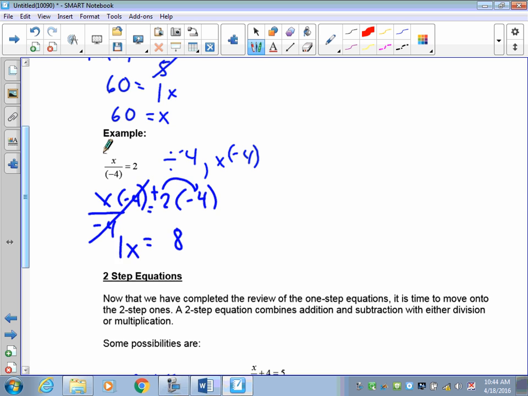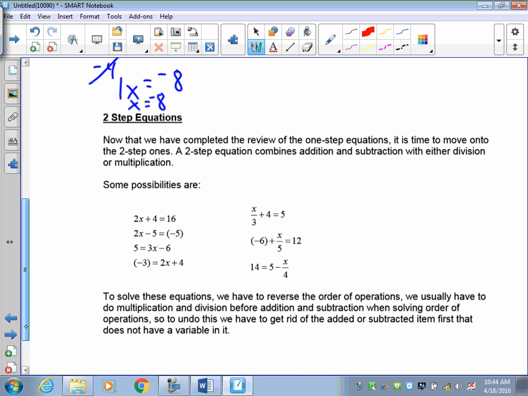And you remember your integer laws, a positive times a negative is always a negative. So x is equal to negative 8. If you want to double check, a negative 8 divided by negative 4 is in fact 2, so we know we did it correctly.